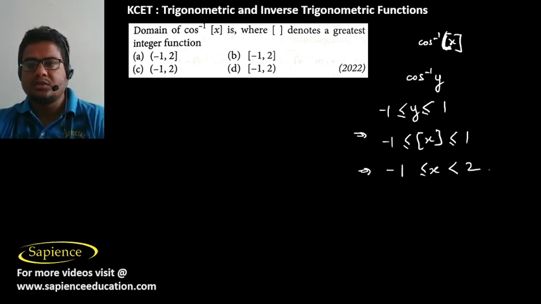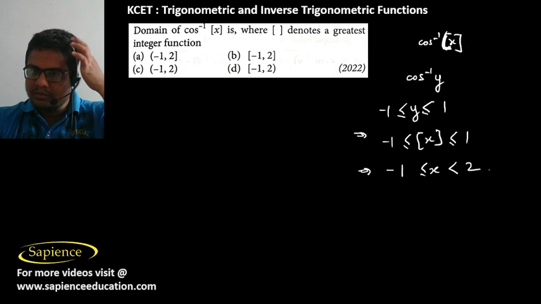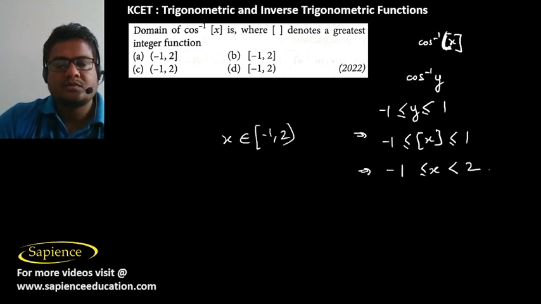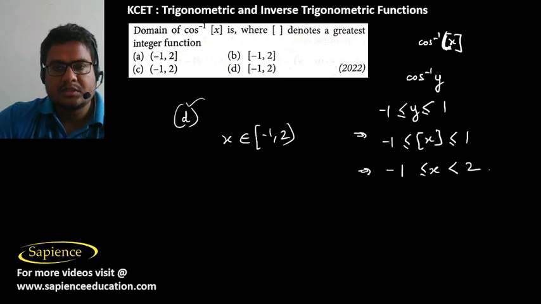Here 2 we should not include, it should be less than 2, and it should be greater than or equal to minus 1. It should not be less than minus 1. So x should belong to the interval minus 1 to 2 excluded. Okay. So option D is the correct answer.